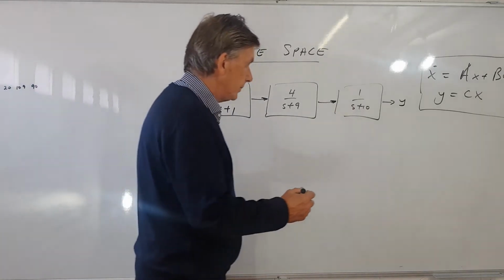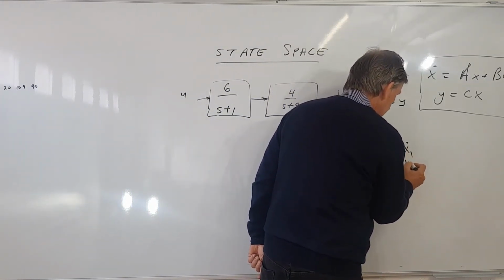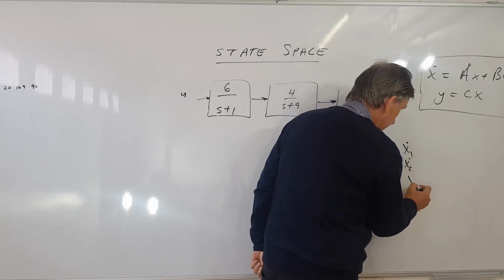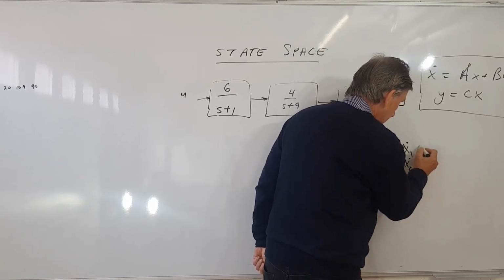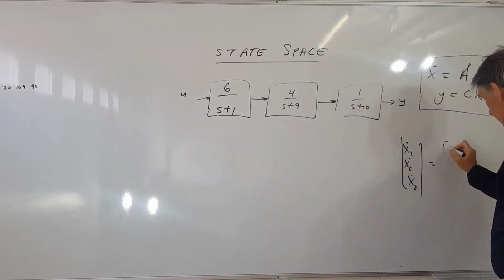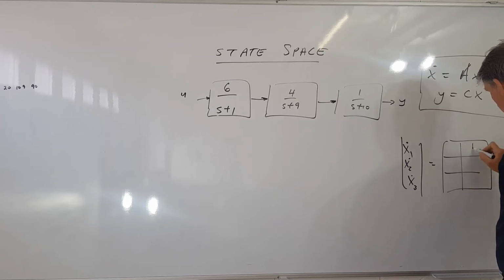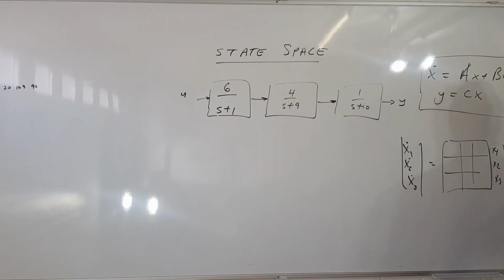So we could put down our state space equations as x1 dot, x2 dot, x3 dot. So the matrix here is equal to a 3 by 3 matrix here, times x1, x2, x3, plus something times u.